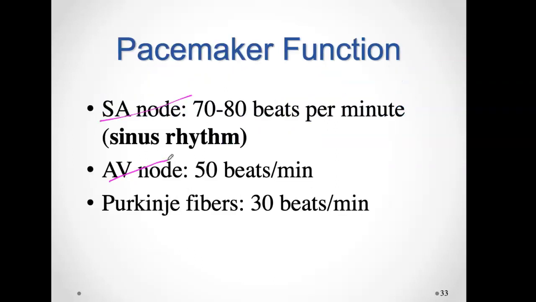So I'm going to go back a slide. What happens is that the Purkinje fibers and AV node, all these follow the leader. Who's the leader? The SA node is the leader. As long as the SA node is functioning, all these will fall into place, and they will follow along at that rhythm, which is the sinus rhythm. What would happen if all of them started to fire at their own frequencies, at 70 or at 50 or at 30?